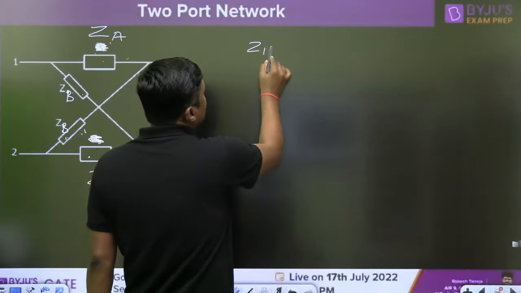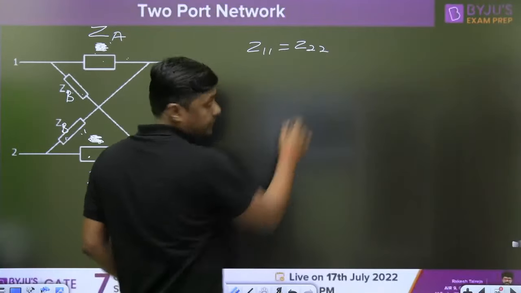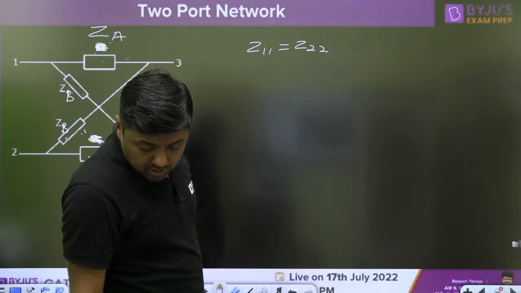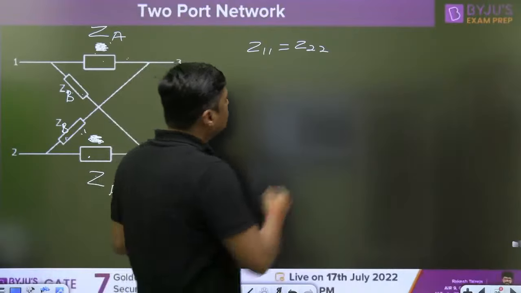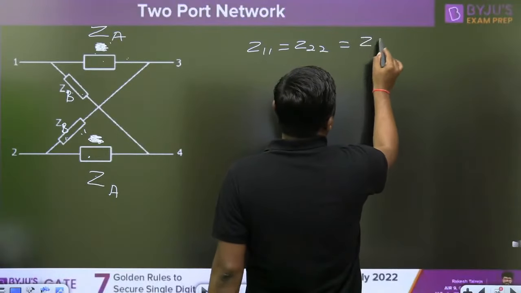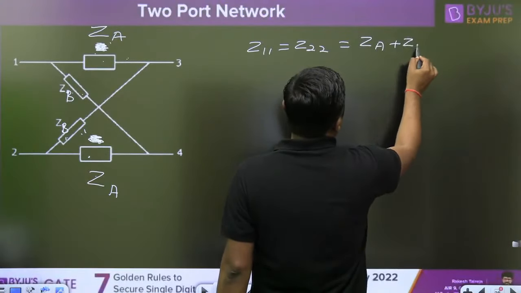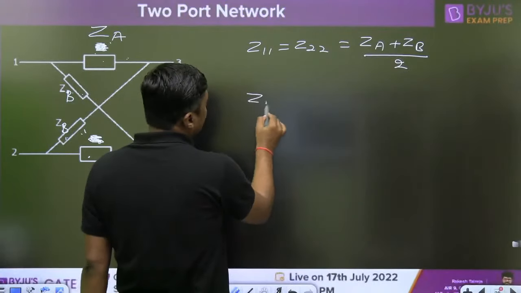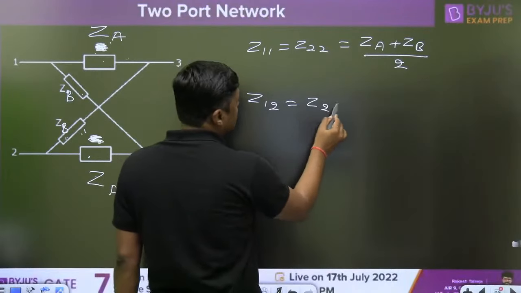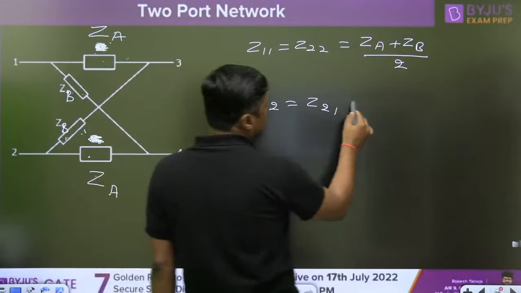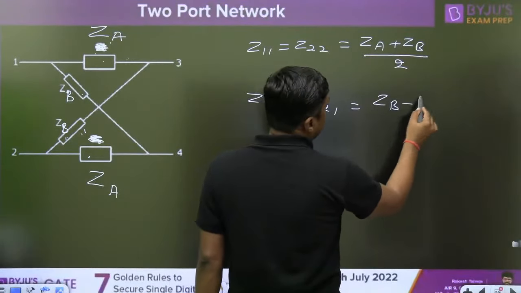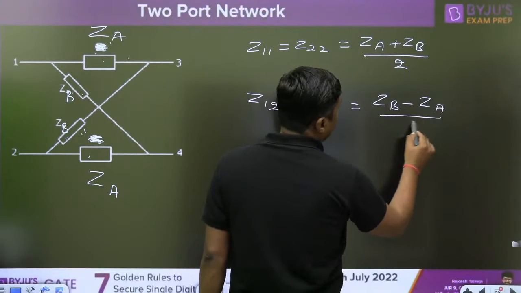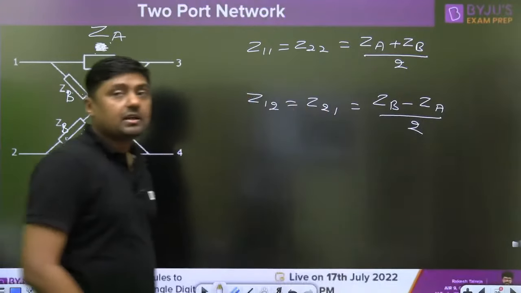And that's why Z11 is equal to Z22 is equal to (ZA plus ZB) by 2. That is the formula. And Z12 is equal to Z21. These are also equal because it is a reciprocal network. (ZB minus ZA) by 2. Remember that formula.